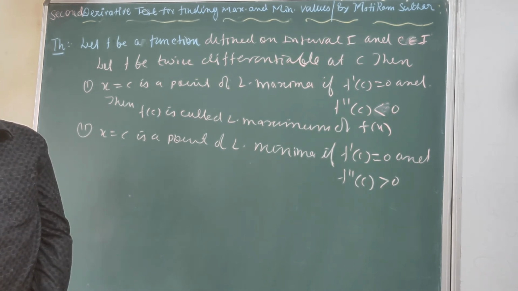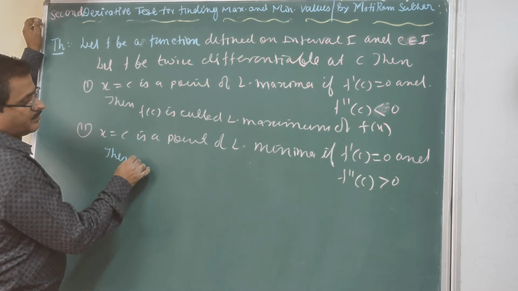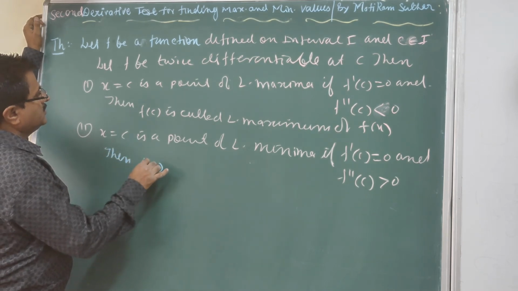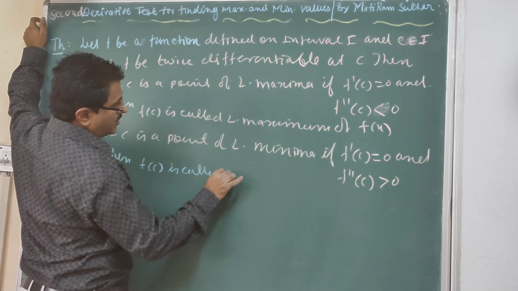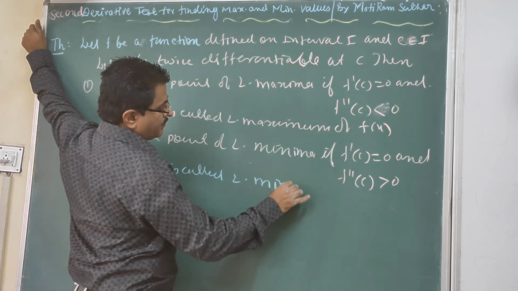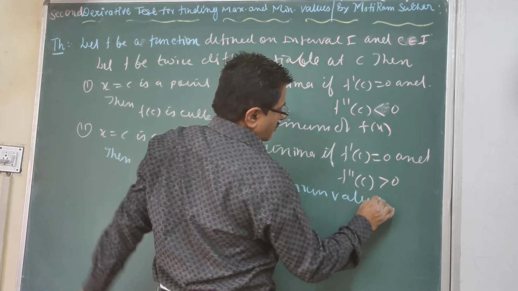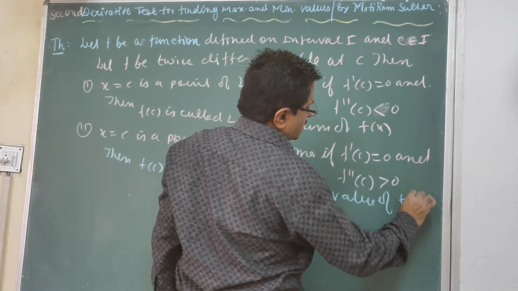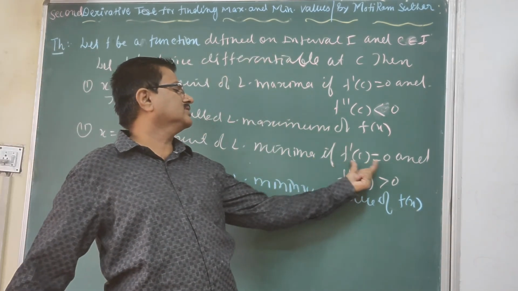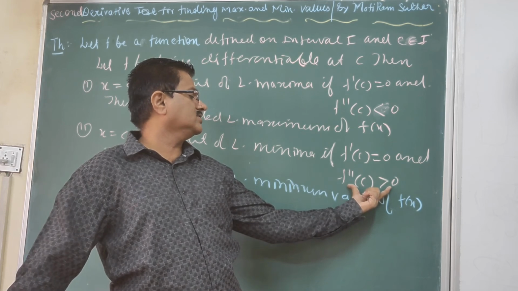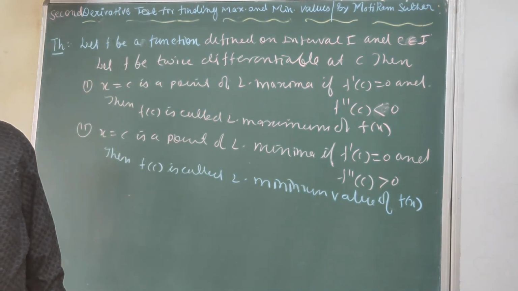Then f(c) is called the local minimum value of f(x). The condition is only that f dash c equals 0 and f double dash c is greater than 0, the second derivative at the critical point is positive.